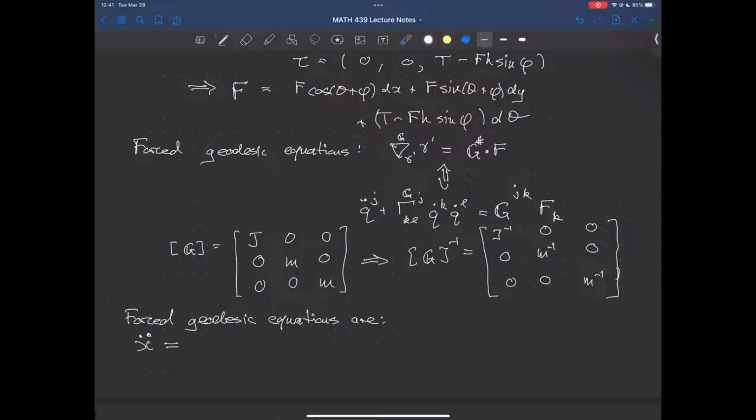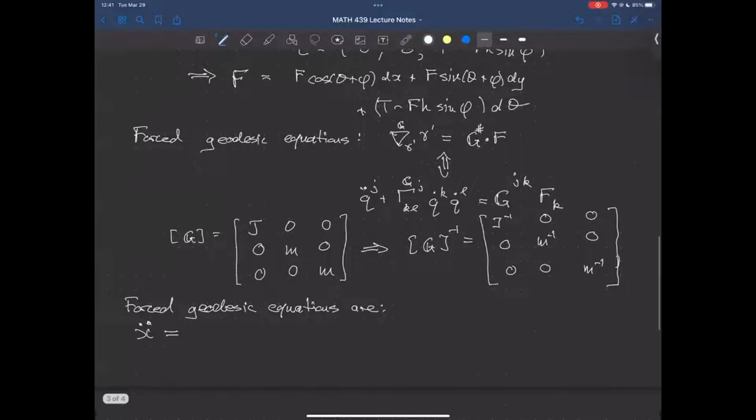So in the x direction, I'm going to get just m times the coefficient here, which is that. So it's f over m cosine theta plus phi. Does everyone see that? Y double dot in similar fashion is f over m sine theta plus phi.